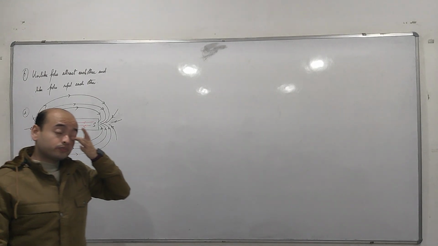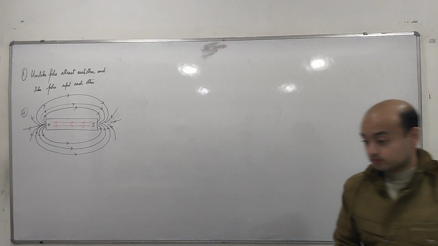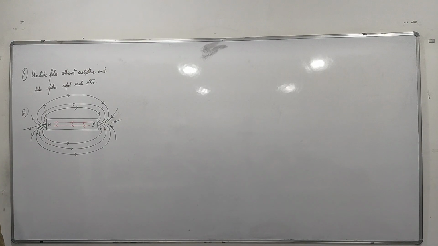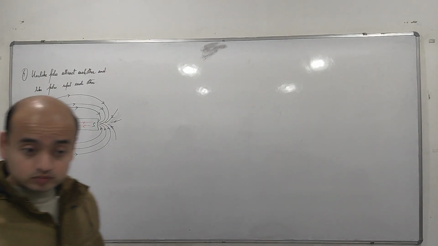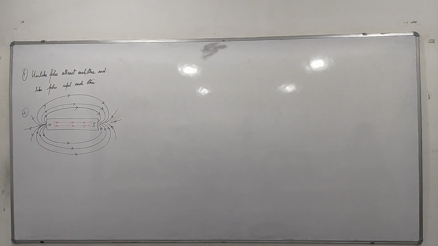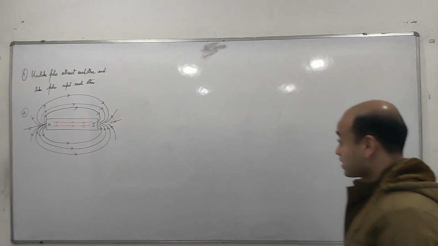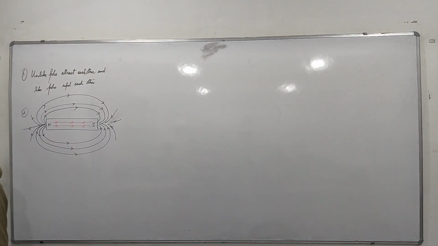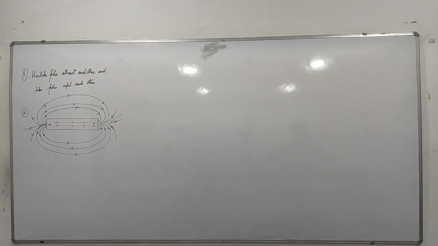Write down, in a bar magnet, the magnetic field lines originate from the north pole and enter the magnet through the south pole.